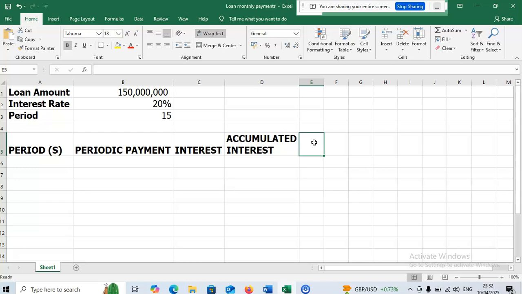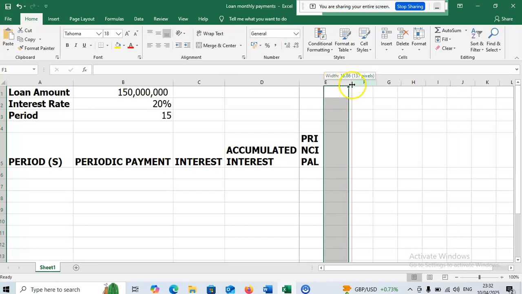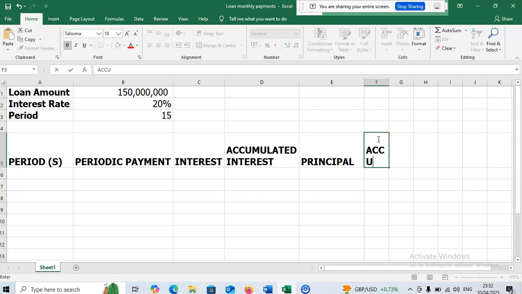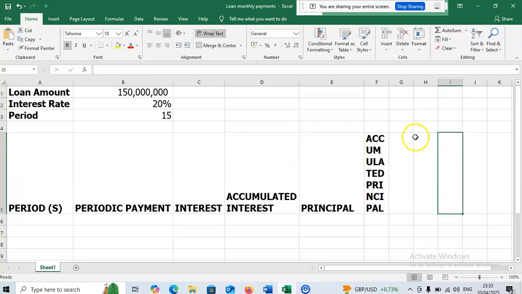That's interest, accumulated interest. Then we can have the principal, then accumulated principal. Accumulated principal means you're summing up the principal at each level that you reach.